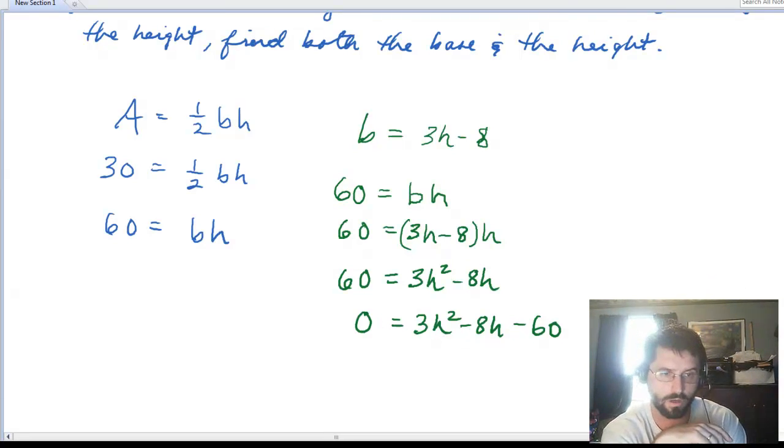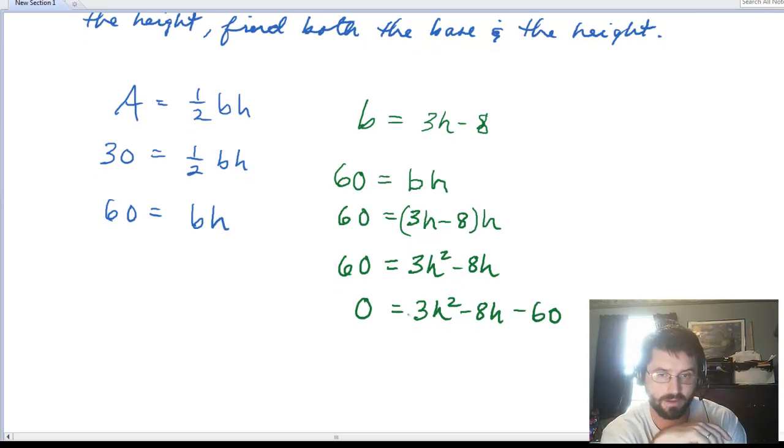And this is actually where and why we learn factoring. Because if we can factor this into two factors, or if we use the quadratic formula, we can solve this and find h. So that is another lesson. So what I will simply do here is I'll use the quadratic formula.